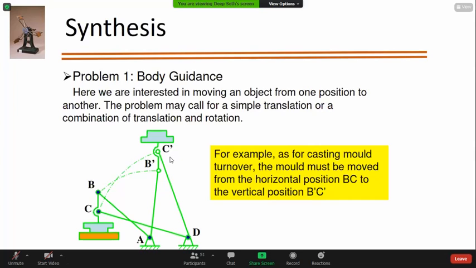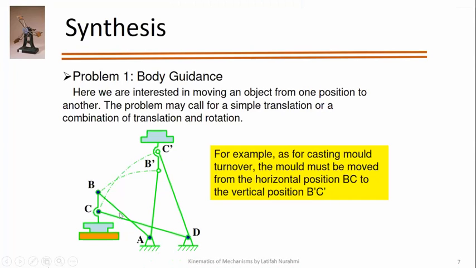This is for your casting module. Here you are seeing the horizontal position, which is holding the mold. There is a hinge over here holding this mold plate, which is compressing the soil.